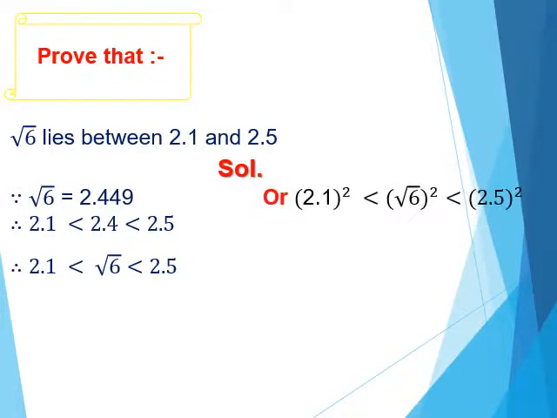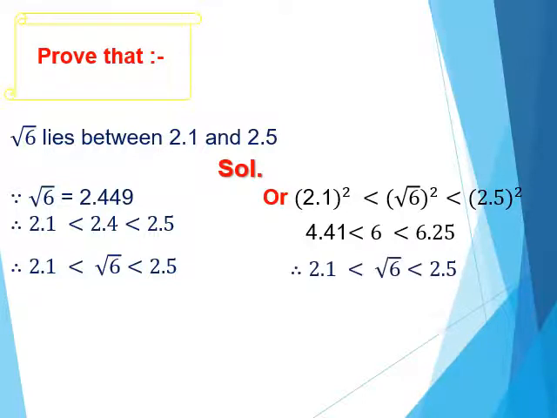Or we can square all sides. We find 4.41 is smaller than 6, and 6 is smaller than 6.25. So root 6 is between 2.1 and 2.5.